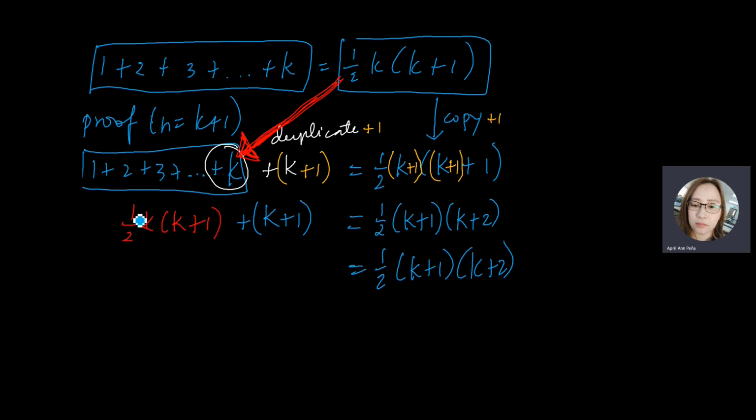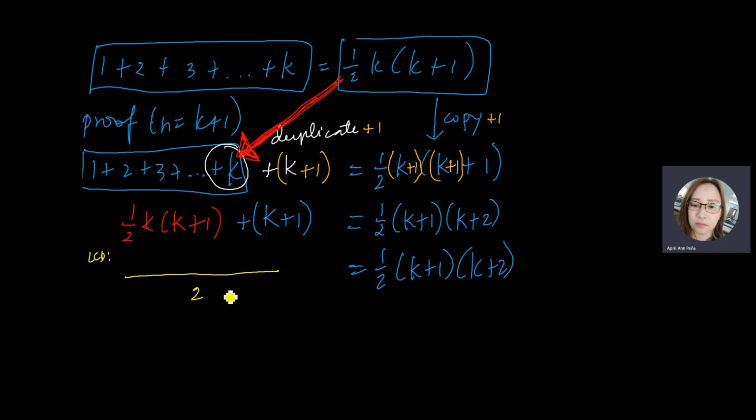As you can see, we have here 1/2 k times k plus 1, this red one. So this is a fraction. Therefore, what we can apply here is actually LCD, because this portion has a fraction. The LCD for 1/2 and the term k plus 1, because this has an invisible denominator of 1, would be what?